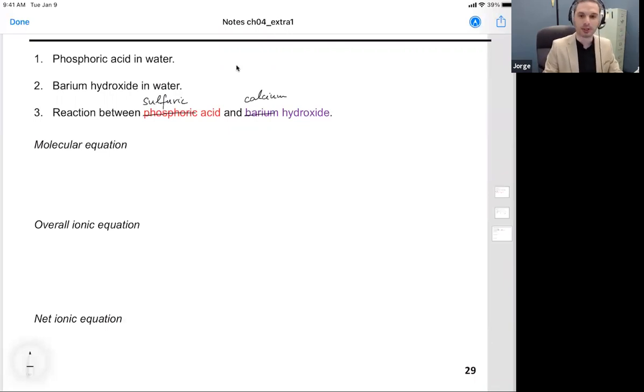Let's start with the molecular equation. So we have H2SO4 plus Ca(OH)2.